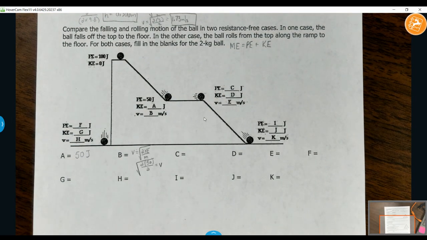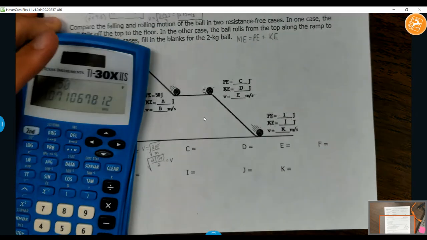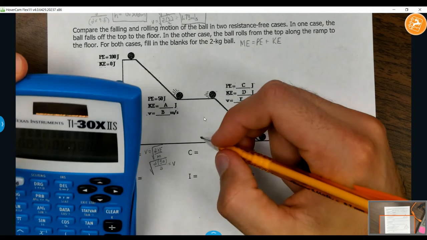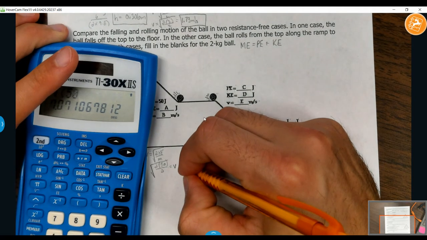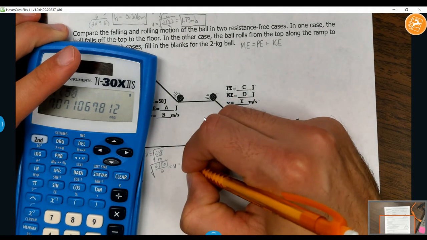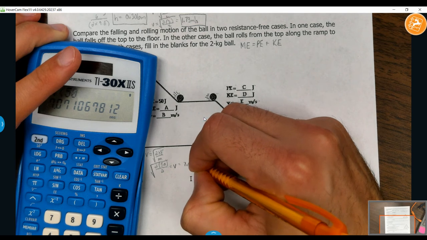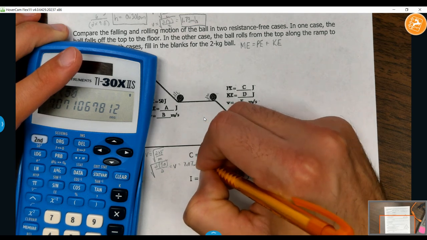It's just going to be the square root of 50, which comes out to be 7.07 meters per second.